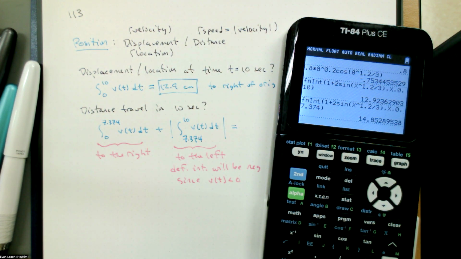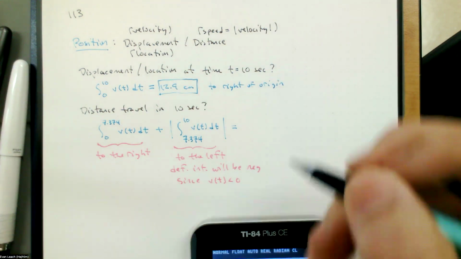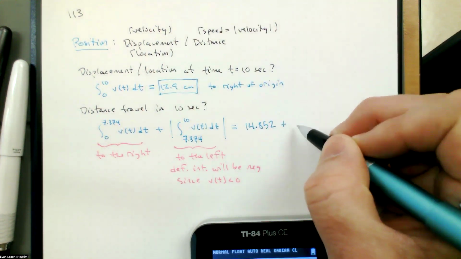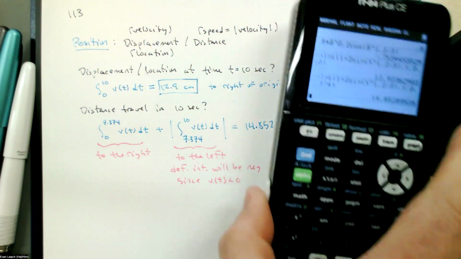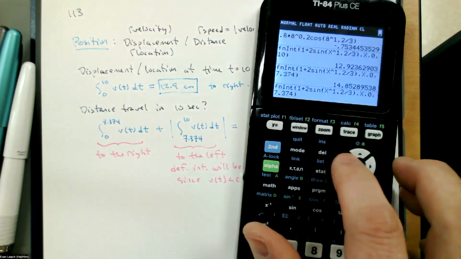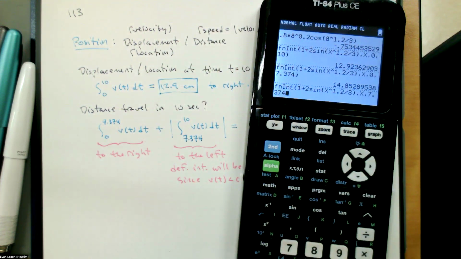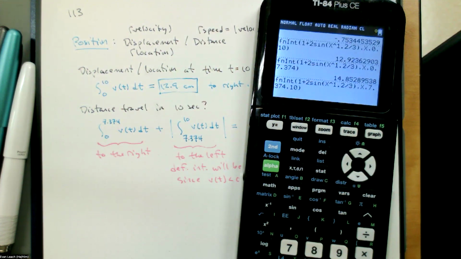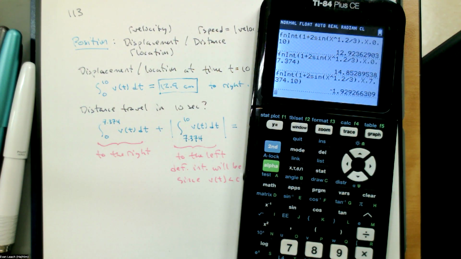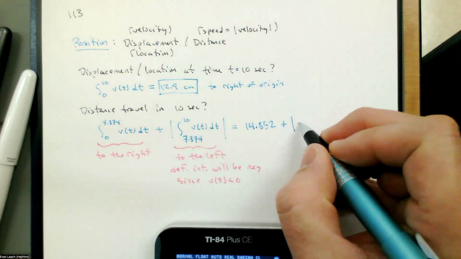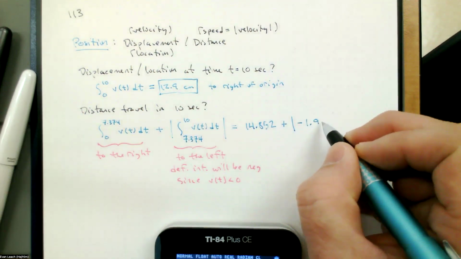So to the right, we move 14.9 centimeters. But then when we go from 7.374 to 10, we are now moving to the left, a distance of negative 1.9 meters. So if I want the distance traveled, I'll take the absolute value of that negative definite integral.